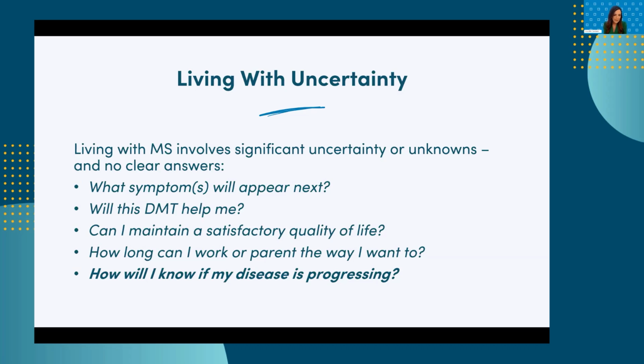How do you have a quality of life? What does that look like while you're navigating these symptoms? Thinking about the different roles you may have in your life, whether it's parenting, working, just being present, being a community member. And of course, taking this and pulling it together, really thinking about how do I know if my disease is progressing?